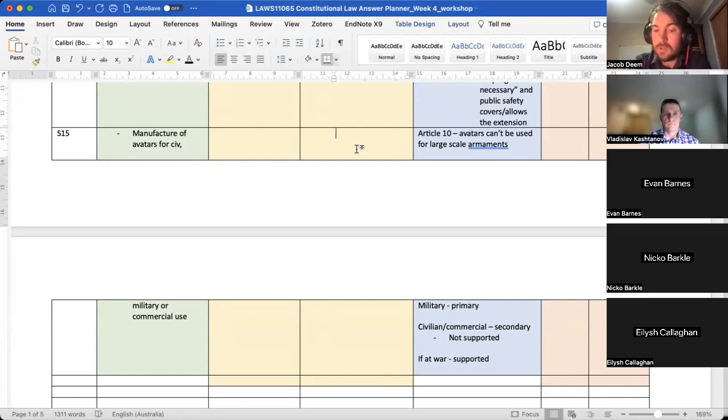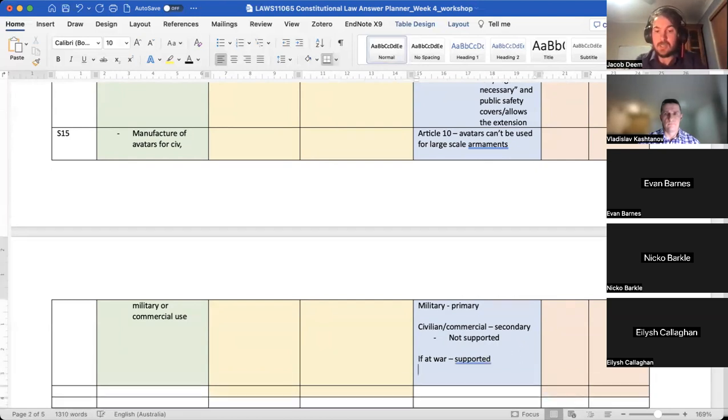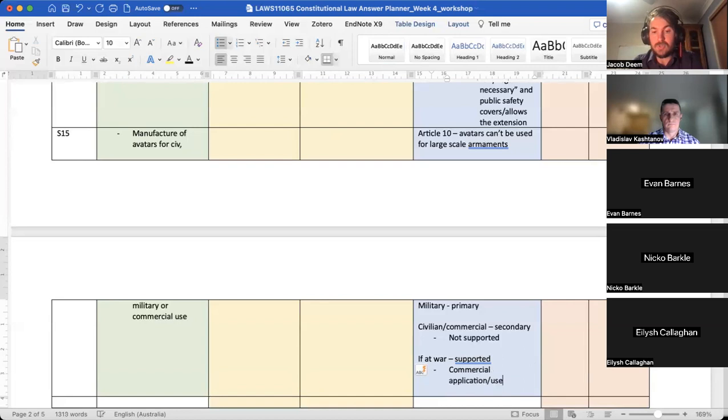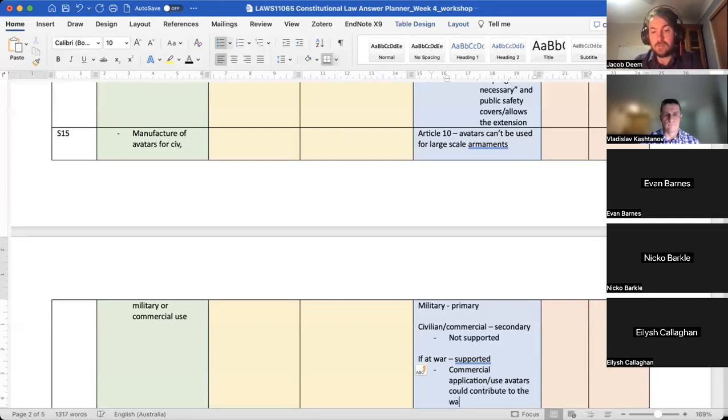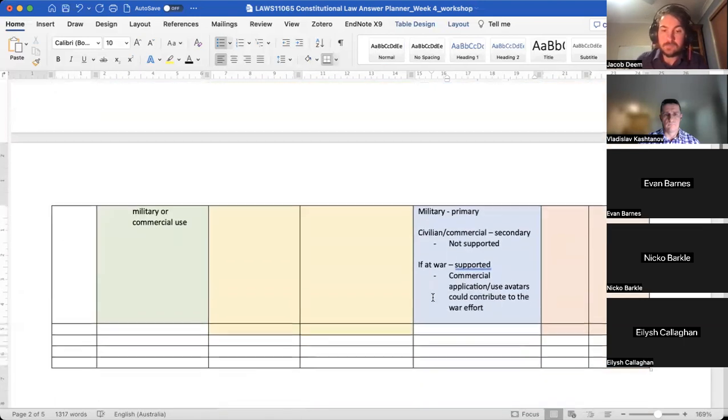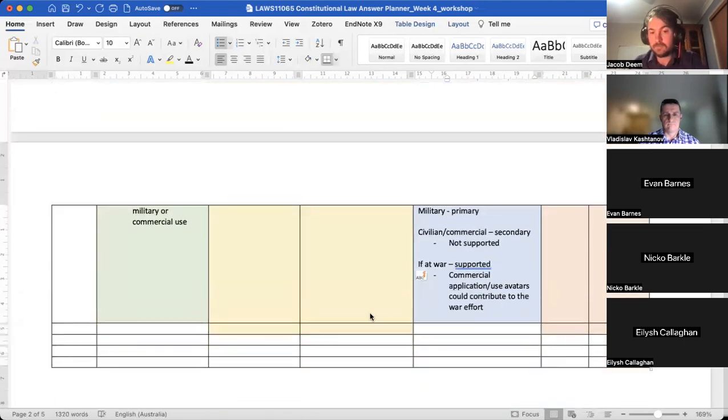They can contribute to the war effort as well, indirectly. Yep. So the commercial application or use of these avatars could contribute to the war effort. And in war, the Commonwealth reach can extend into civilian matters as well.